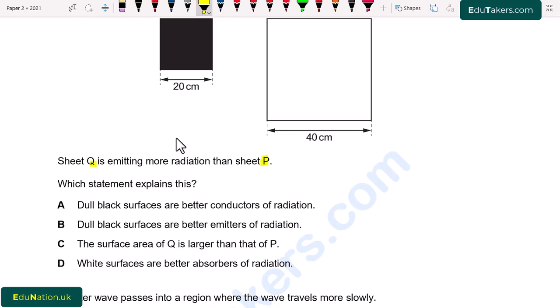Which statement explains this? A. Dull black surfaces are better conductors of radiation. B. Dull black surfaces are better emitter of radiation. C. The surface area of Q is larger than the P. D. White surfaces are better absorber of the radiation. So first of all, it is given that both of these are the same temperature.